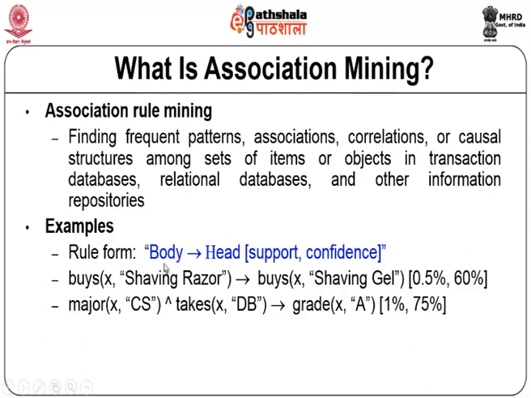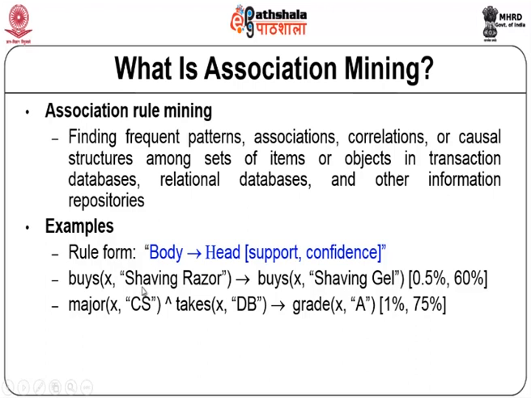Now, whenever you identify a pattern like this which indicates association between two or more entities, then that rule must be supported by means of two metrics. One metric is called as a support, another one is called as a confidence. We will be discussing about these two metrics in the later part of this lecture.